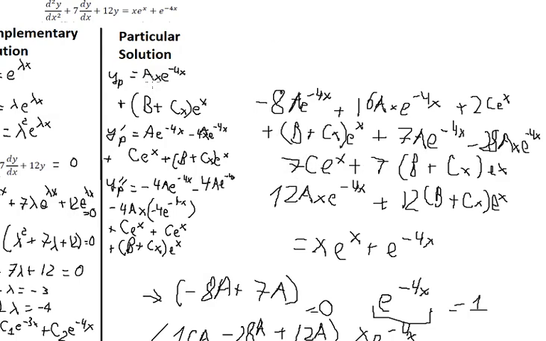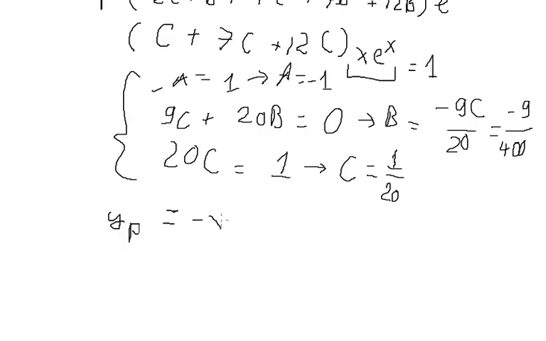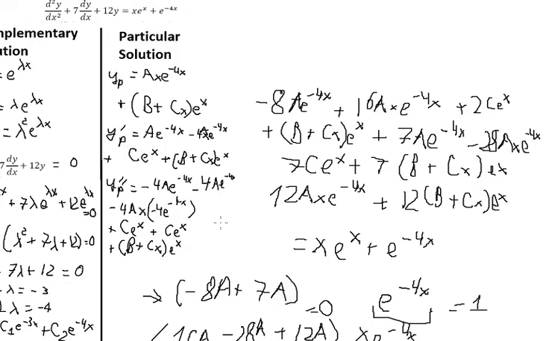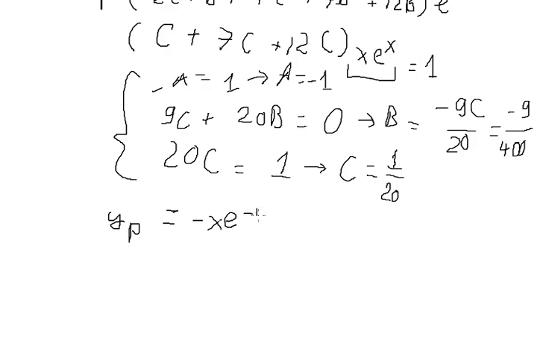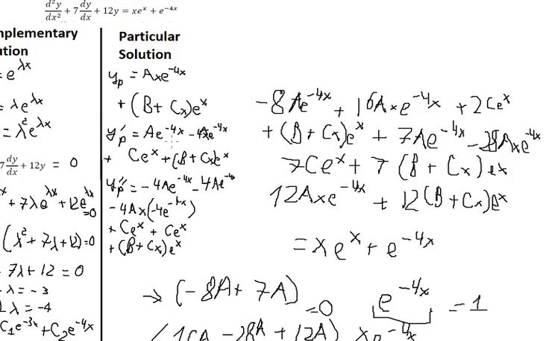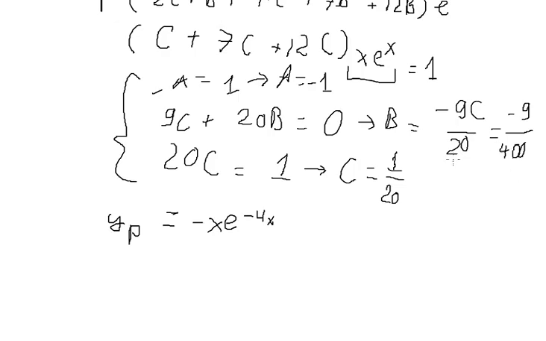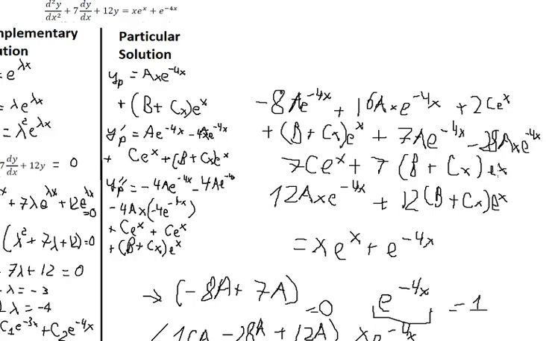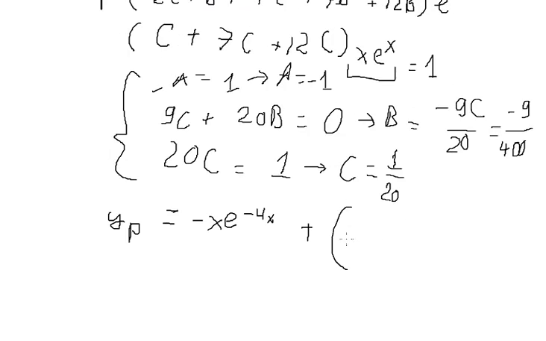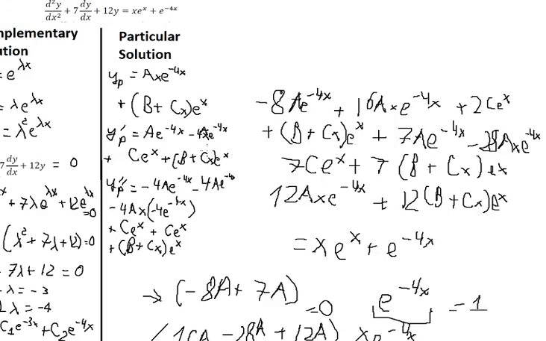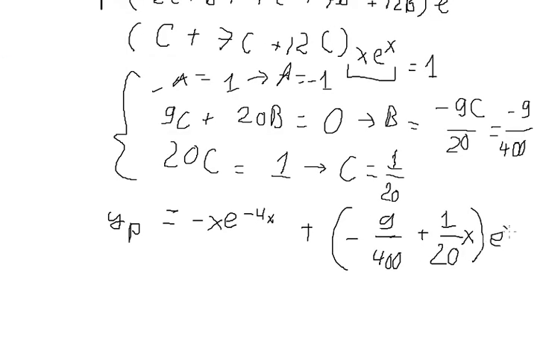So negative 1 we put in here, and we have negative s e to the power of negative 4s. The next one is b. B we just calculated, that's negative 9 over 400. And c, that's 1 over 20 s. And we have e to the power of s.